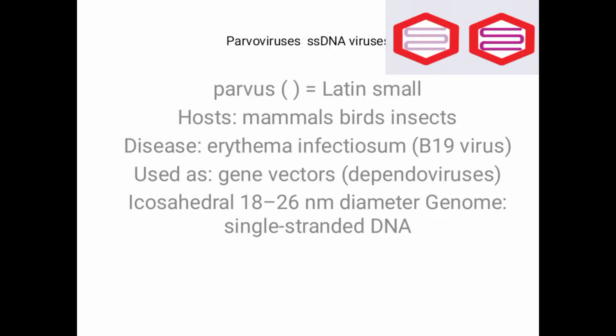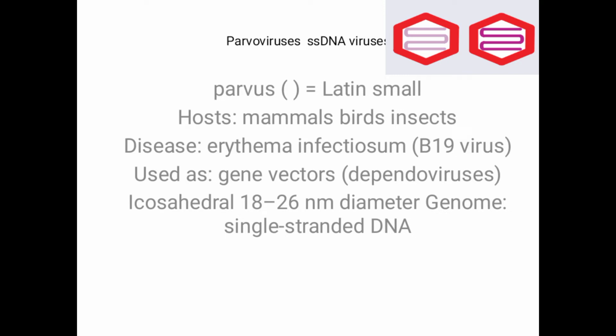Today in this lecture, I am going to discuss the parvoviruses. Let us start with what parvoviruses are. Actually, parvoviruses are those viruses that have a single stranded DNA genome.